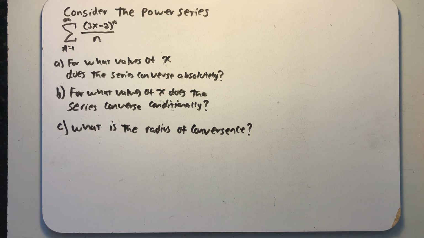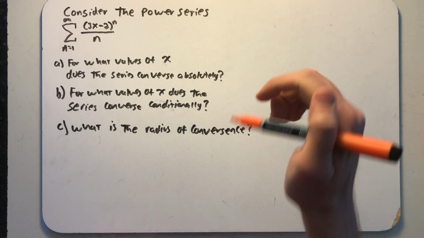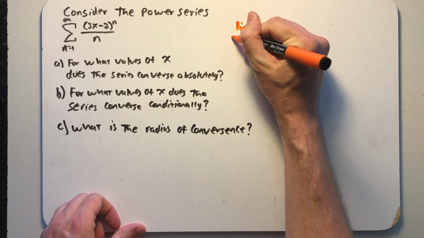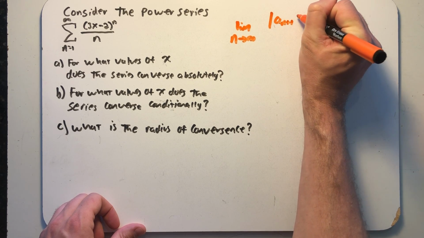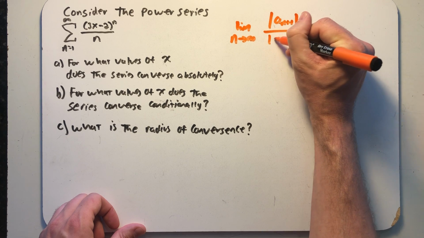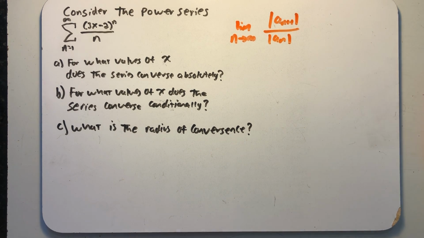Well, to start off, to find an interval where this converges absolutely, I'm going to choose to use the ratio test. So I need to look at the limit as n approaches infinity of the n plus first term in absolute value over the nth term in absolute value.